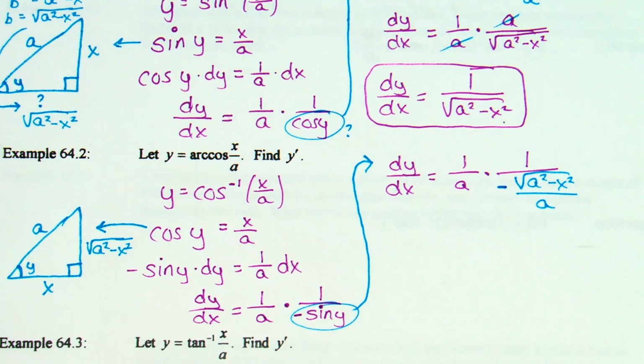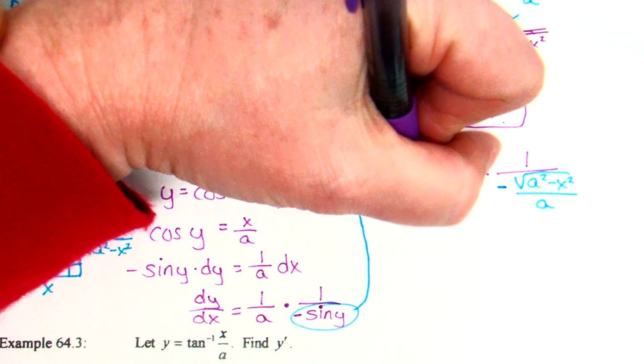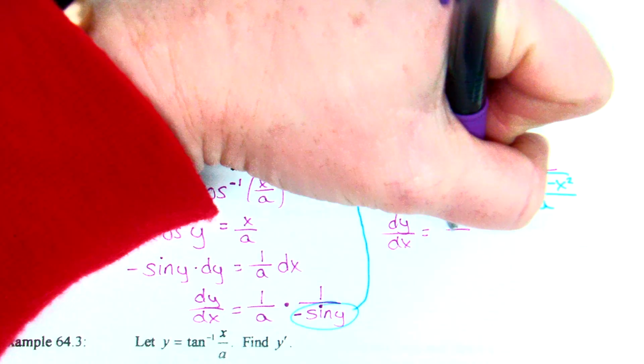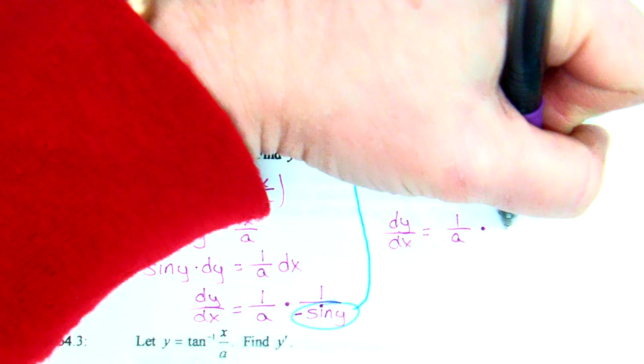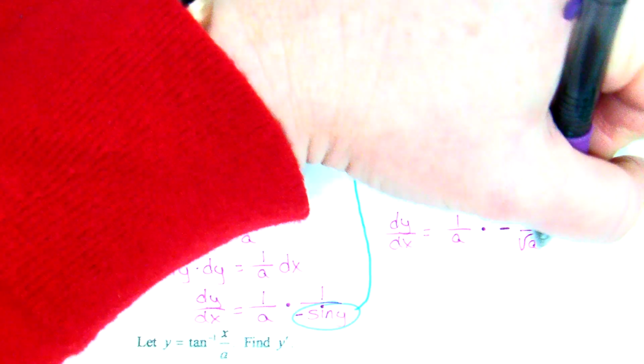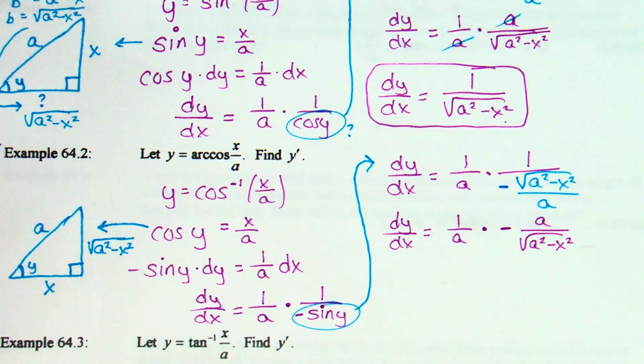You've got 1 divided by a fraction, so that fraction can flip up like last time. So dy dx equals 1 over a times, I'm going to say, the negative of a over the square root of a squared minus x squared. The a's will cancel.